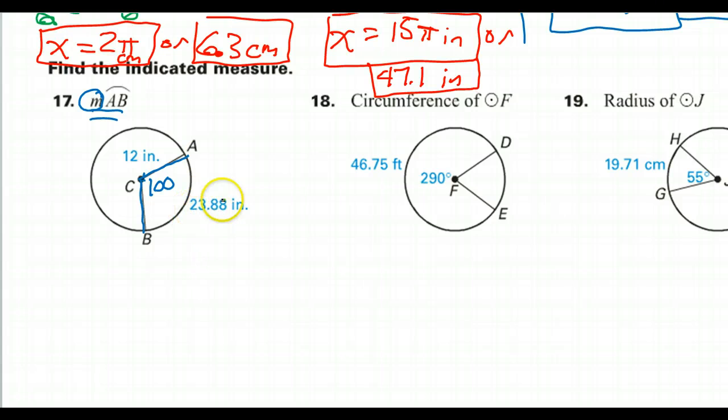This 23.88 that we're given is a length. See the inches. It's what you would get if you took a piece of yarn and you stretched it out along this edge and then you straightened it out and measured it. So we're given the length, but we're being asked for the degrees, the measure.